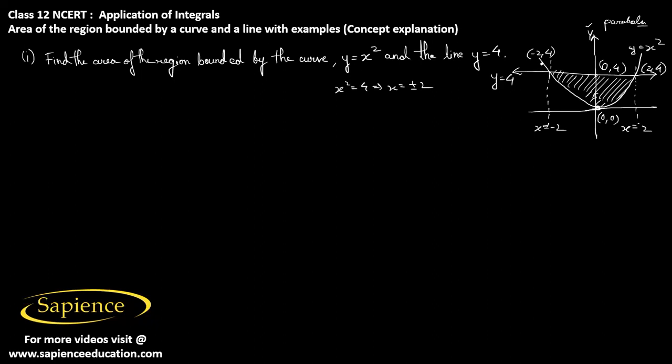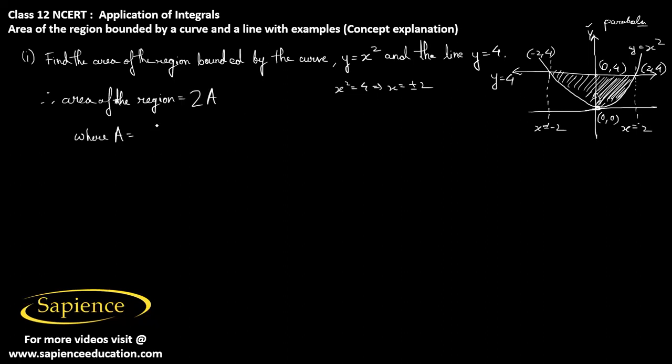So now we can see that this parabola is symmetric about the y-axis. If we can find the area of this region which is in the first quadrant, then twice of that will give the required area of the shaded part. Therefore, the required area of the region will be equal to 2A units, where A is the area of the region in the first quadrant.